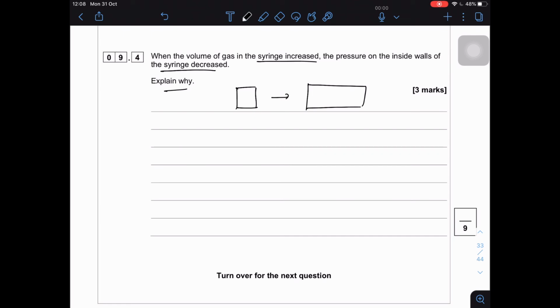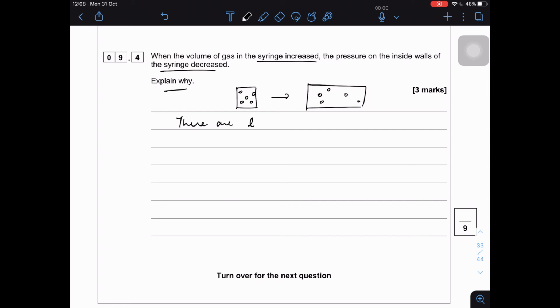The pressure on the inside decreased. So if there were particles, the pressure now decreased. Why? If these particles have more space, isn't it? That is why.